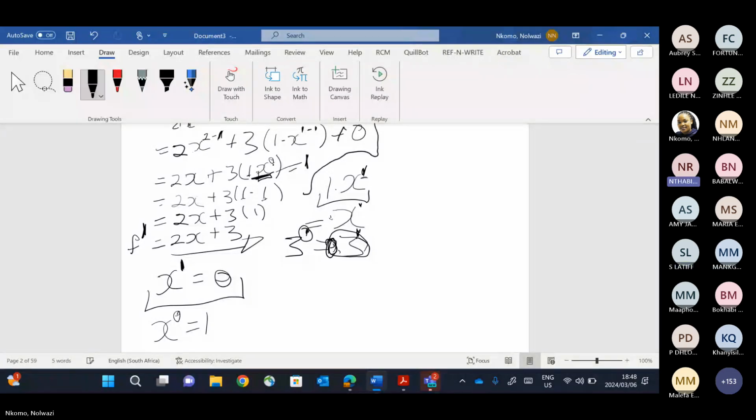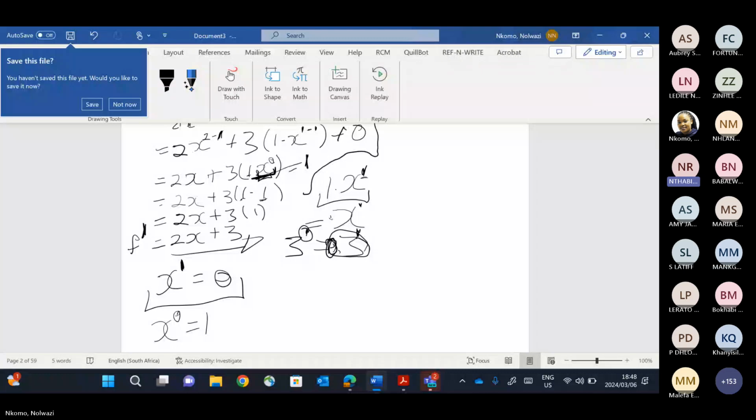So if the final answer was 2x to exponent 1 plus 3, are you saying it will be the same as the answer you've written, even if I don't have exponent 1 next to x? You will never find an answer like this. You can't leave an answer in that form.